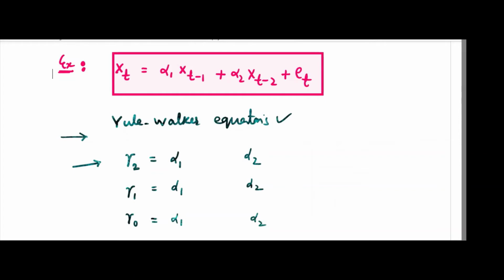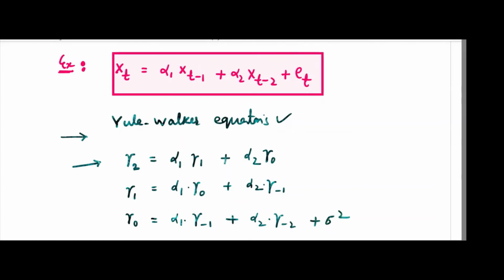If you have a 2 here, you write 1, then you write 0. If you have 1 here, you subtract 1, and you will get 0. You subtract 1, you will get minus 1. You subtract 1, this will be minus 1; you subtract 2, it will be minus 2. And when you get gamma naught, you add an extra term, sigma square.